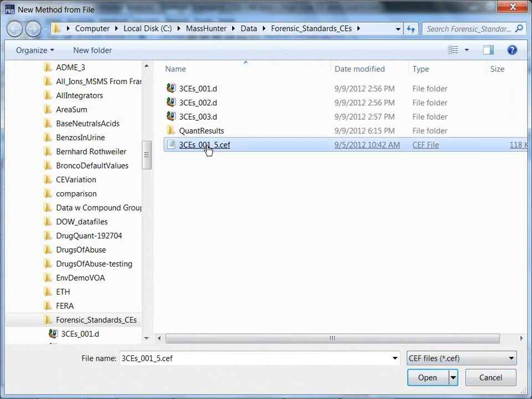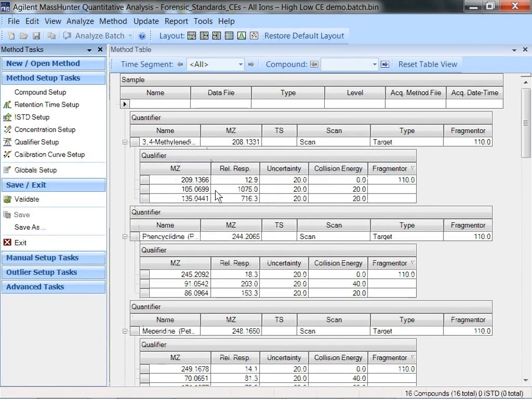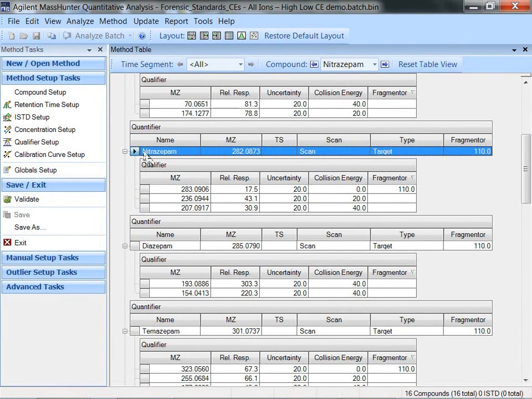So there's the CEF file that I've created from Qual, and I'll read that in and look at it in the method editor. Let's concentrate on nitrazepam, and as you can see from the default method, I've created a target, and for my first qualifier, I've taken one of the isotopes, and the second and third qualifiers come from the higher collision energies.